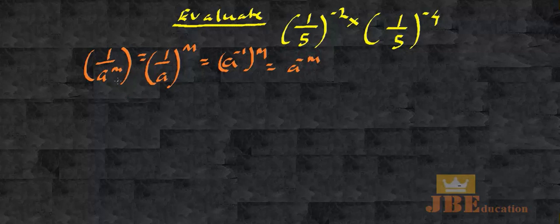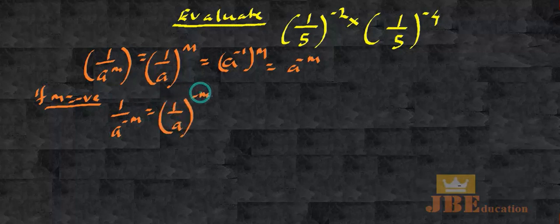If m is negative, then we would have 1 divided by a power negative m, which is 1 divided by a raised to the power negative m, which can be rewritten as a power negative 1 raised to the power negative m, which is a raised to the power positive m.